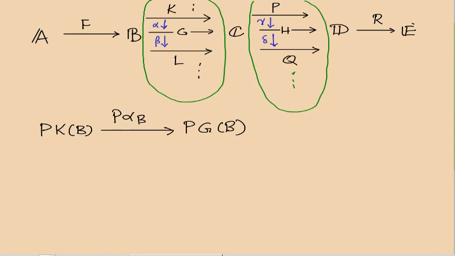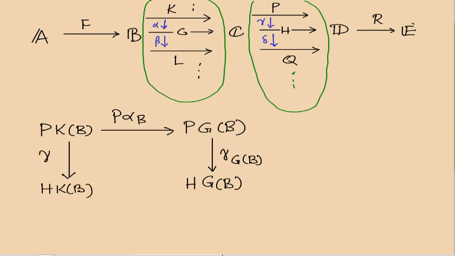But I have a gamma going from P to H. So I can go from P at GB to H at GB via gamma. But I can do the other side also. From P of KB, I can go to H of KB first by gamma of KB.